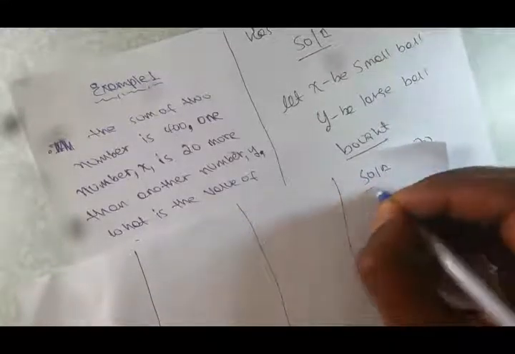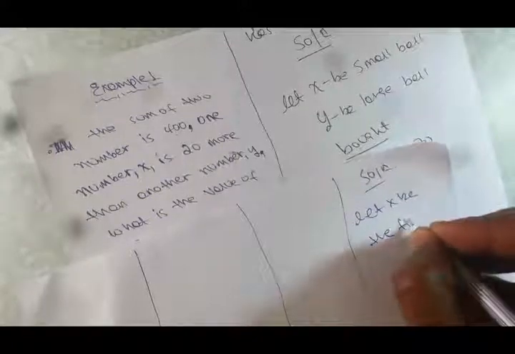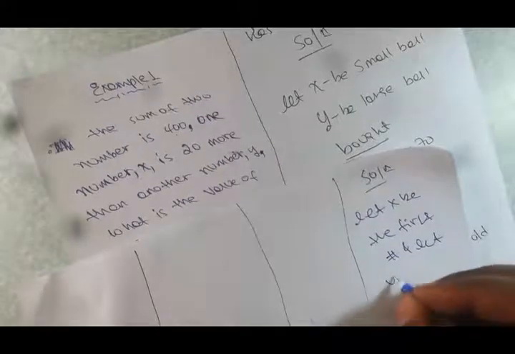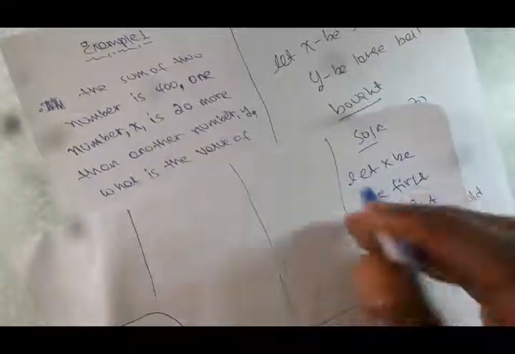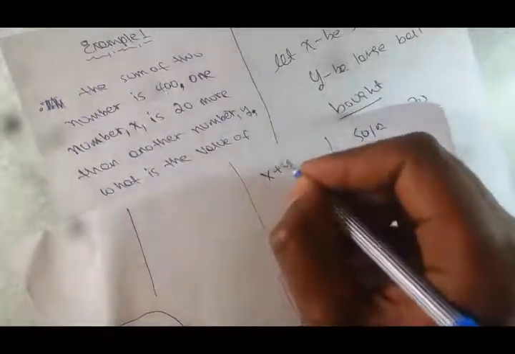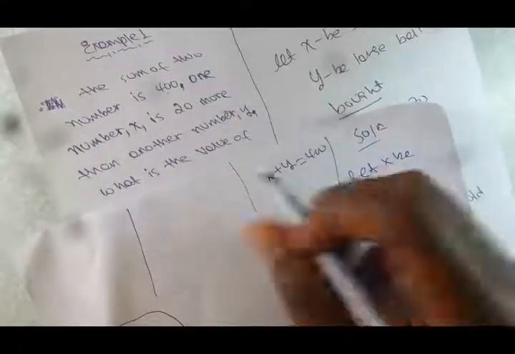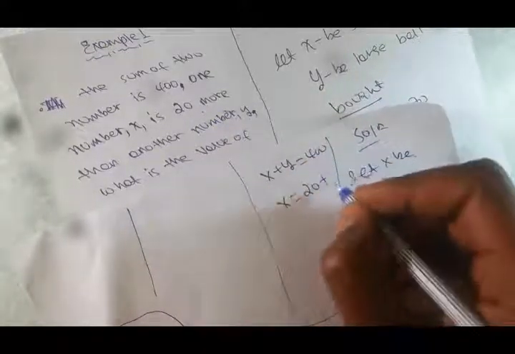And example 1 says the sum of two numbers is 400. We don't know the numbers, so solution. Let x be the first number and let y be the second number, and we are given the sum of these two numbers, x plus y is equal to 400, and one number, let's say x, is 20 more than, meaning positive more than, y.